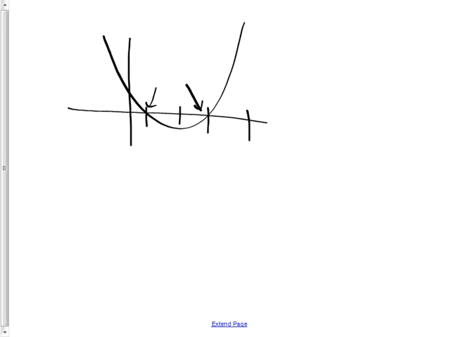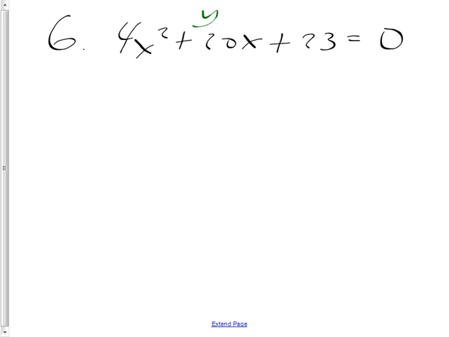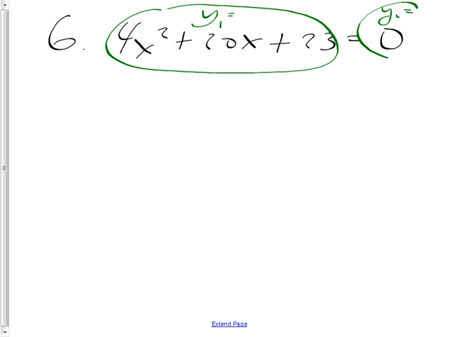Yes, sir? Okay, I'll come and help with the individual calculator in just 1 second. Let me do number 6. Number 6 was 4x squared plus 20x plus 23 equals 0. And again, my way of teaching you this, I think, is good for now, and it's just graph both sides and see where they cross. y1 should be this, y2 should be that.